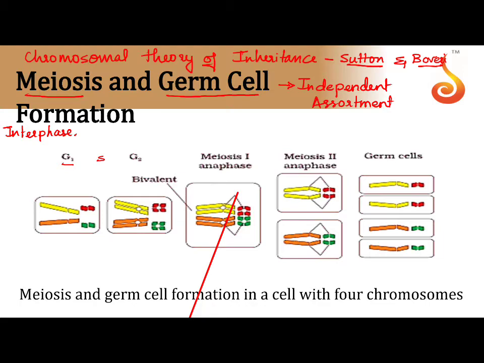In G1 phase, we start off with a diploid set of chromosomes, one from paternal. So, these two, considering it to be paternal, and these two, considering it as maternal chromosomes.